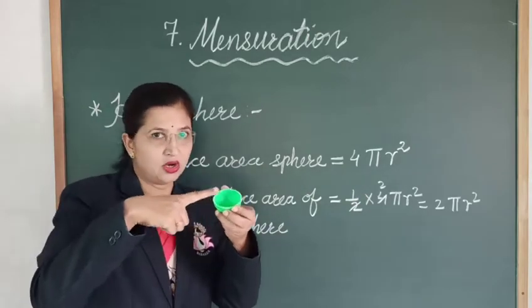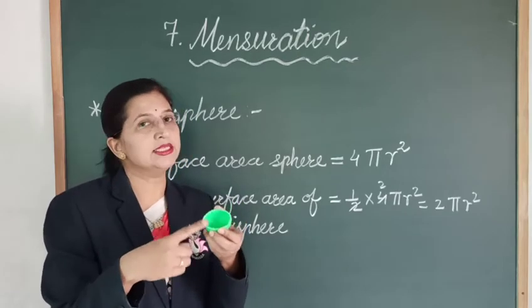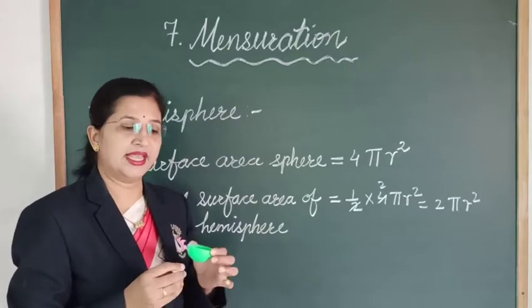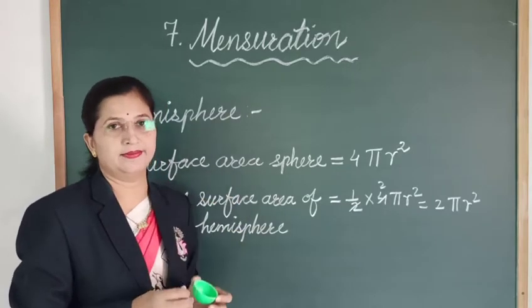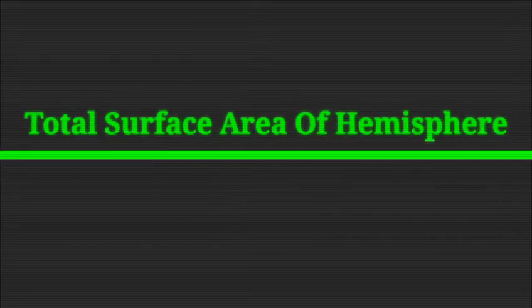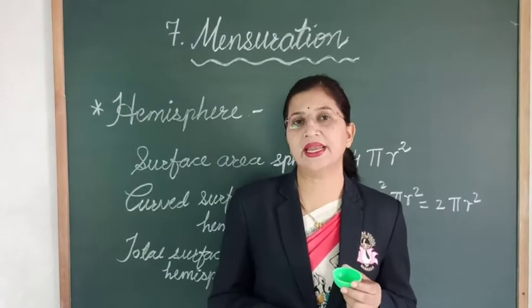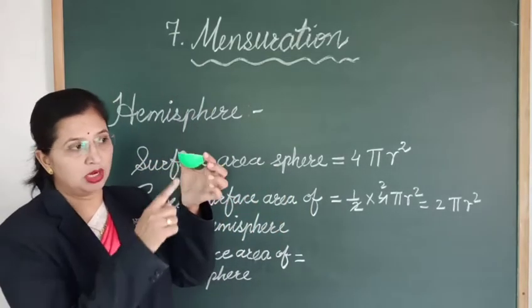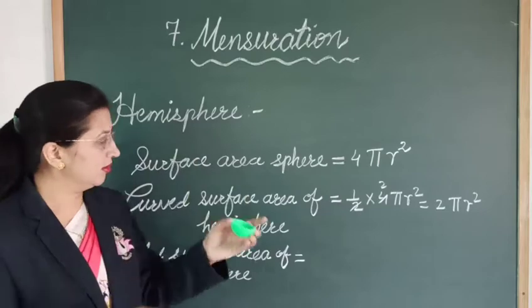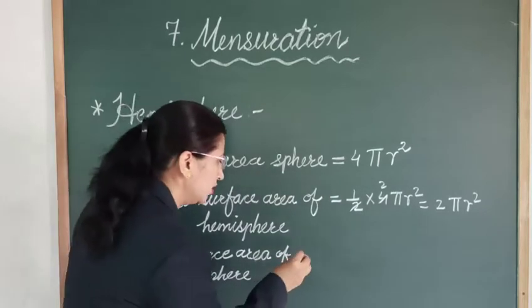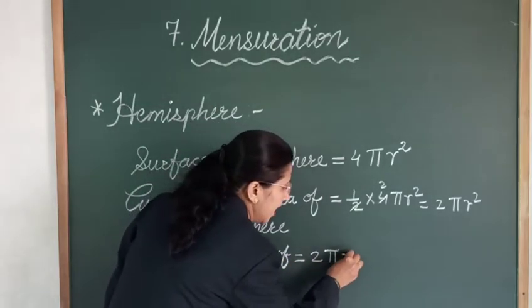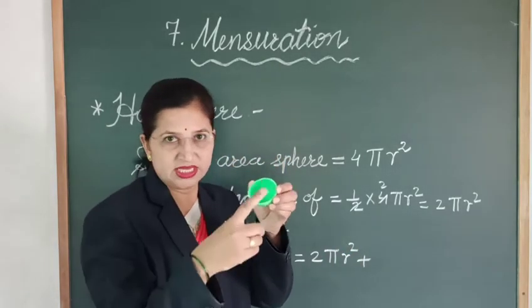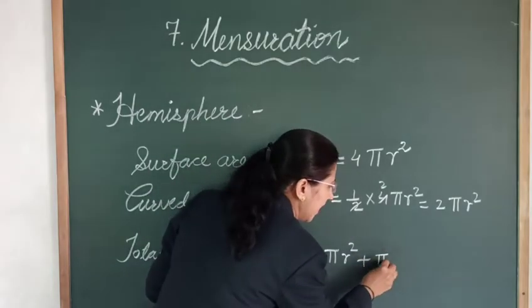And its top is circular, that is pi r square. So let's find the total surface area of the hemisphere. Total surface area of hemisphere is equal to the curved surface area that we already found, that is 2 pi r square, plus this top circular area, that is pi r square.